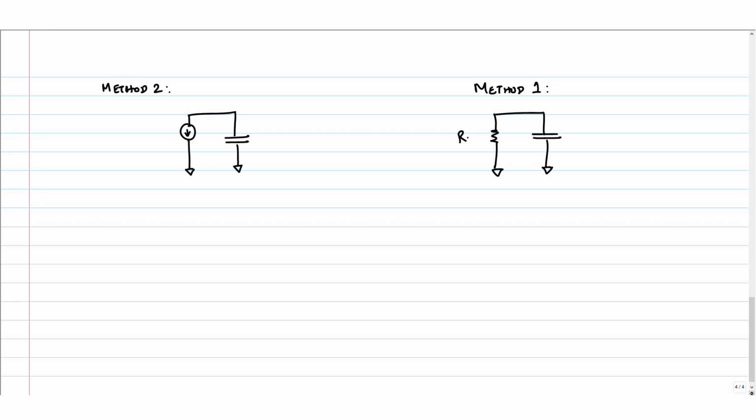Okay, so we did the same calculation in method 2. It's a constant current source discharging my capacitor. Method 1 is you had a thing like this, R equivalent and CL.